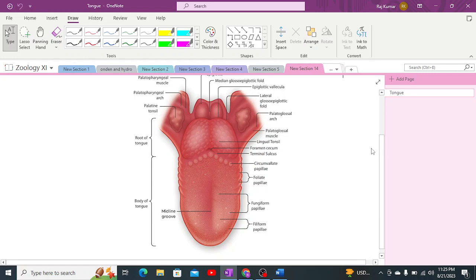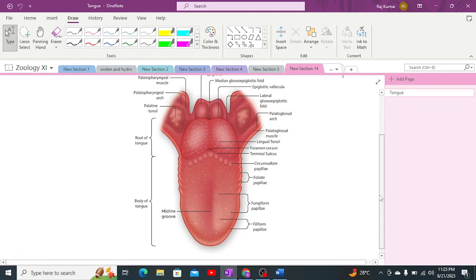So the tongue is basically composed of skeletal muscles, and it has no bone. It has the following structure. The front side, the anterior part of the tongue, is conical shaped, pointed, not sharp but pointed, whereas the posterior part is extended.